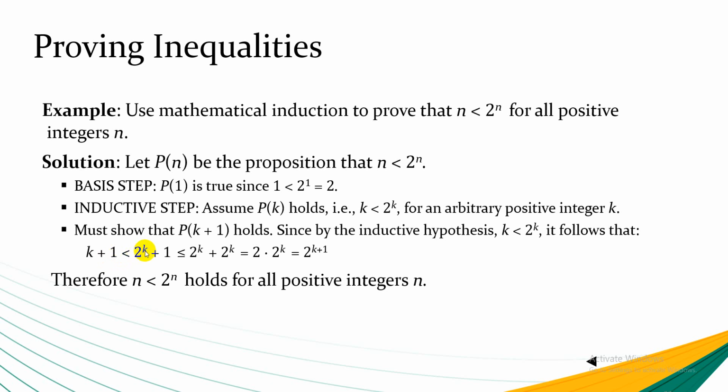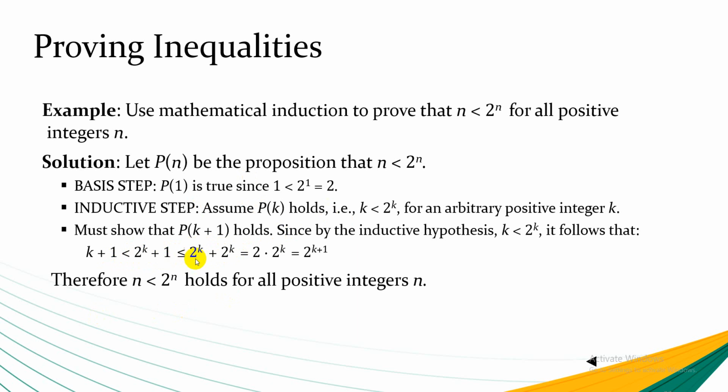So k plus 1 will be less than 2 to the power k plus 1, and 2 to the power k plus 1 is less than 2 to the power k plus 2 to the power k, because 1 is less than 2 to the power k, obviously.